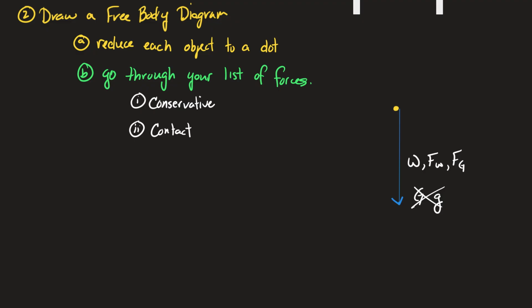Now, this part, be very careful because I see students make this mistake all the time. Normal forces are perpendicular to the surface. Normal forces are always perpendicular to the surface.